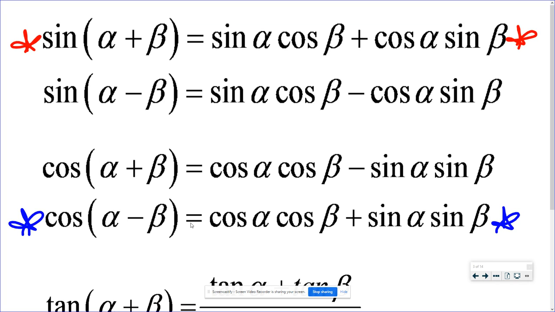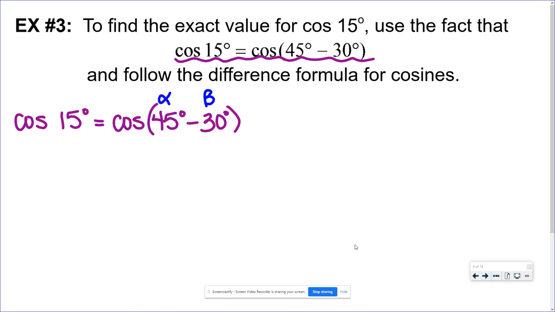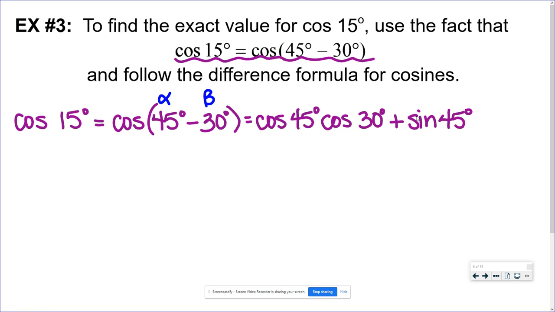It says cos of alpha minus beta is equal to cos of alpha, cos of beta, plus sine alpha, sine beta. So how does that look for us? That looks like this. Cos of 45 degrees, cos of 30 degrees. That's your cos alpha, cos beta, plus sine of 45, sine of 30.